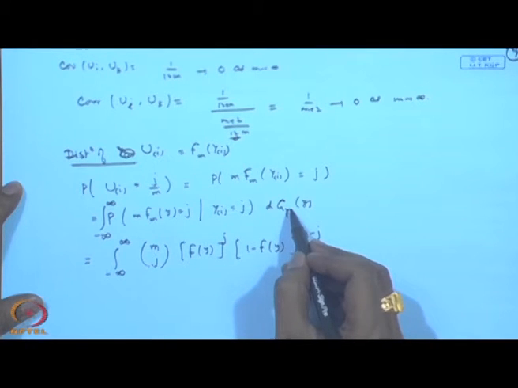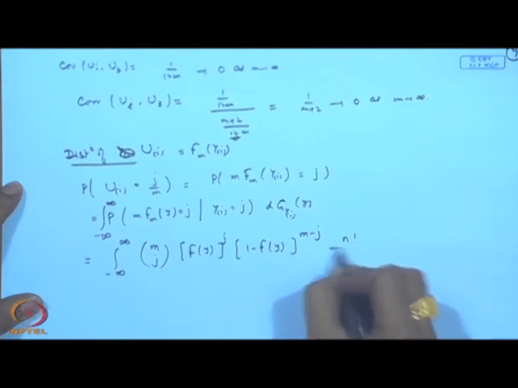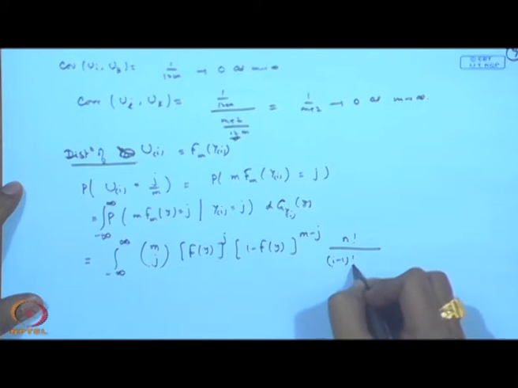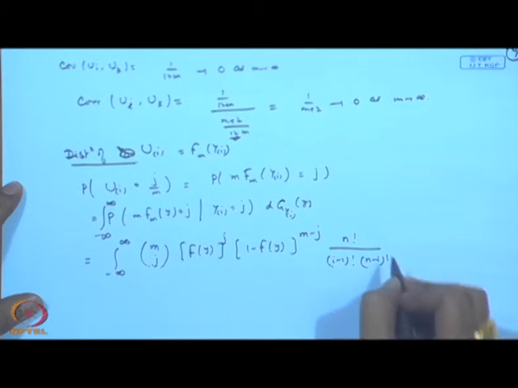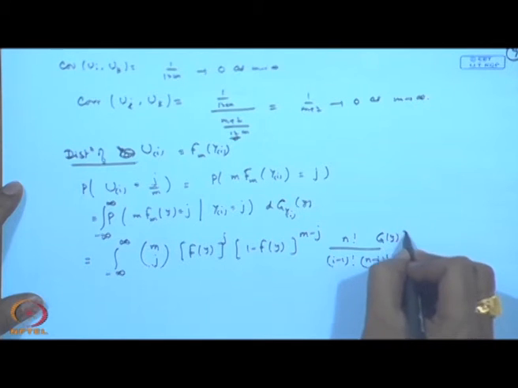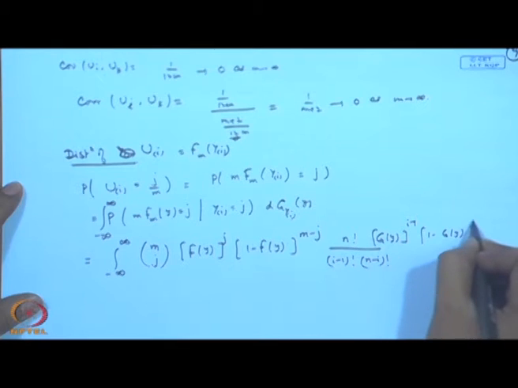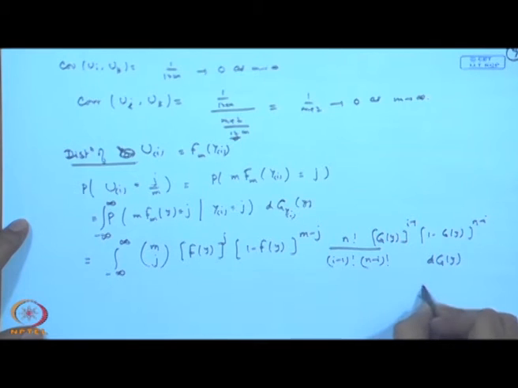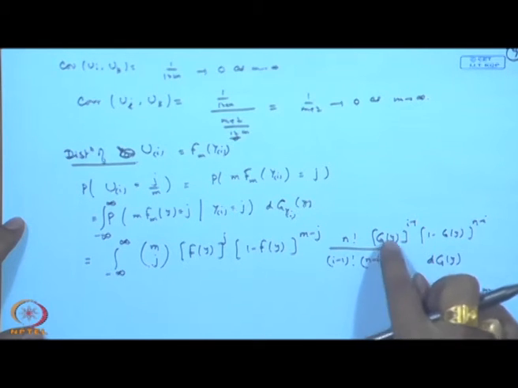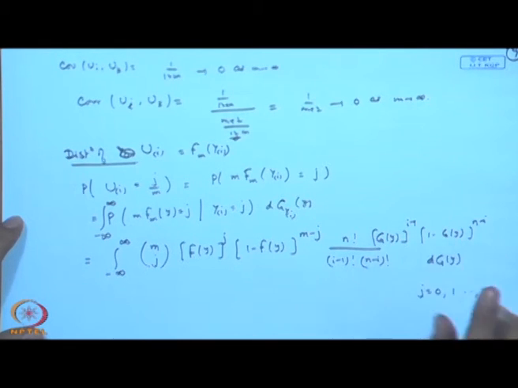So if we substitute that there, I get n factorial divided by (i minus 1) factorial (n minus i) factorial, g(y) to the power i minus 1, (1 minus g(y)) to the power n minus i, dg(y), for j equal to 0, 1 to m, because this is the ith order statistic from the second sample. So that was a beta (i, n minus i plus 1) distribution for g. So that we are able to get here.